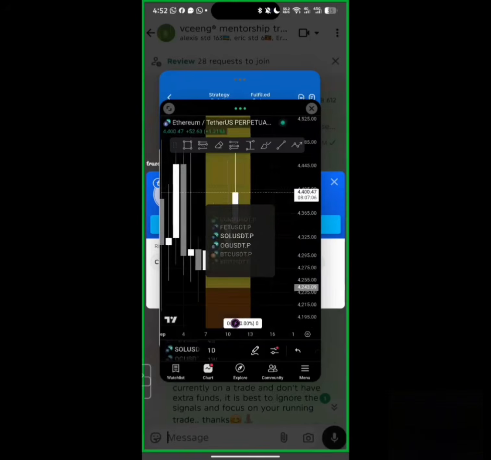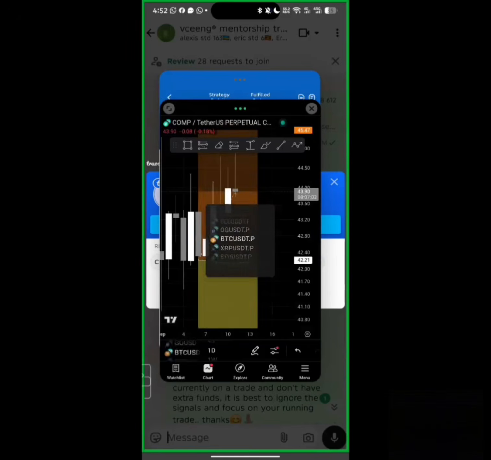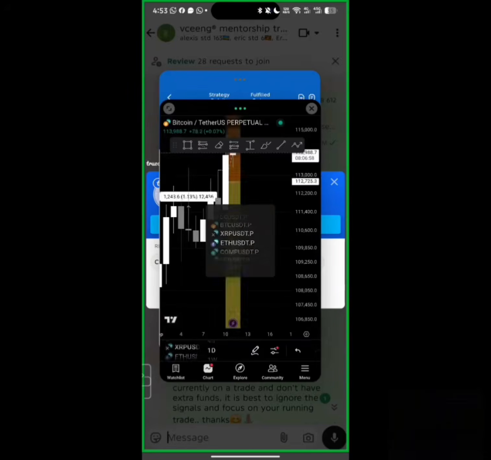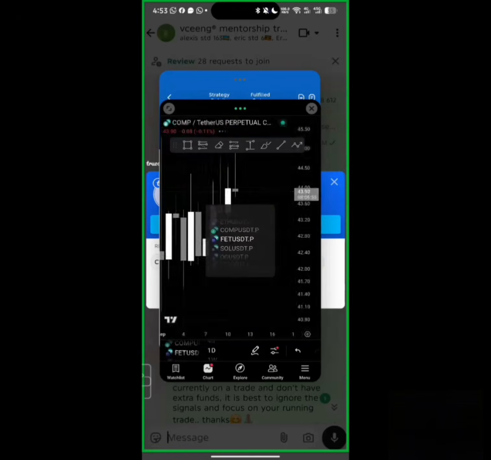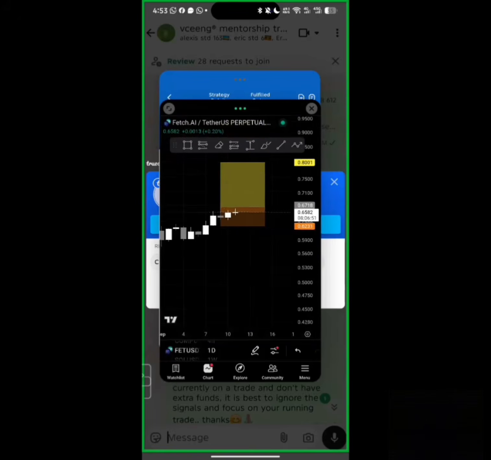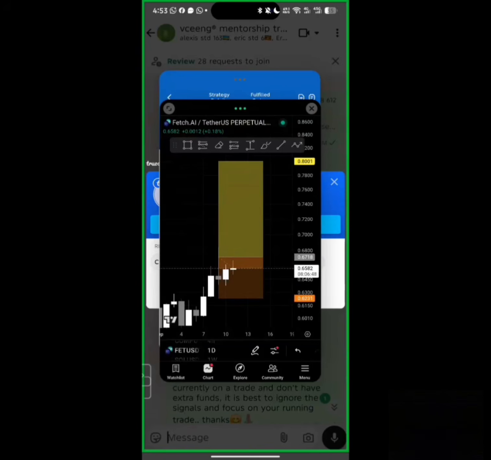Let me see if I can get one where the loss is not much. Let me check for FET. You can see this coin now, we entered it here.